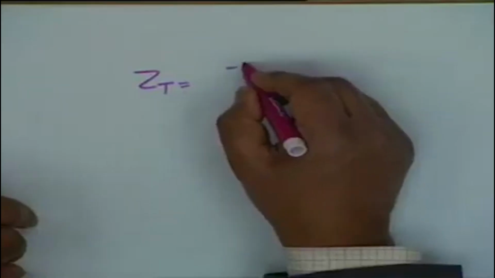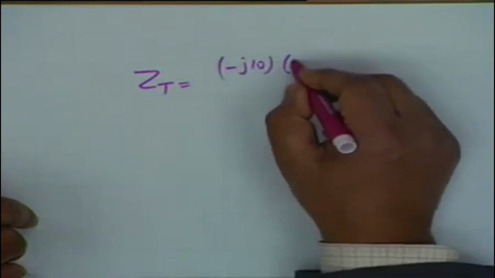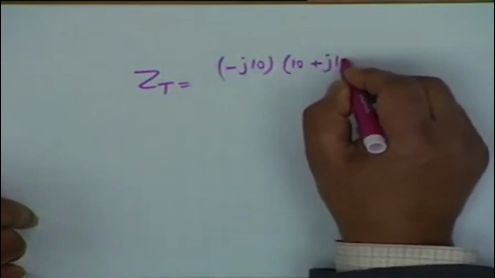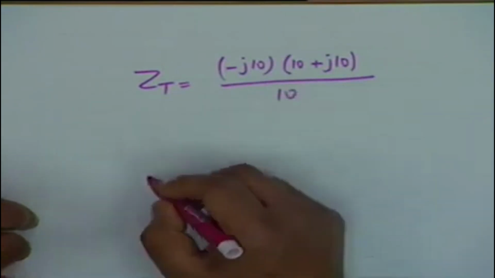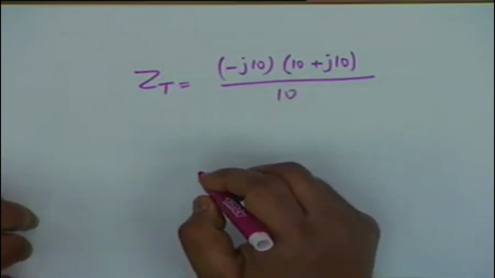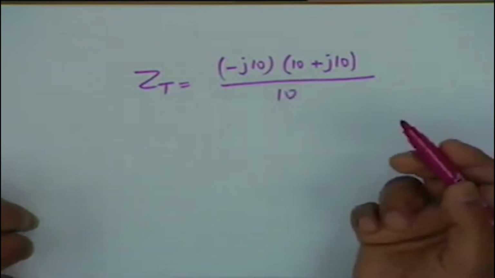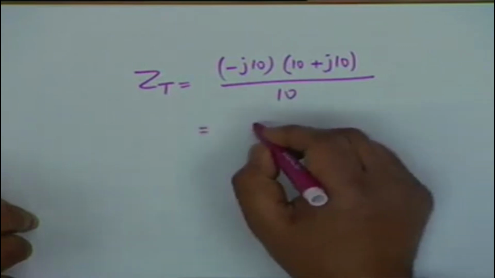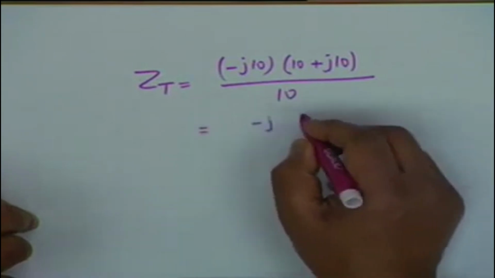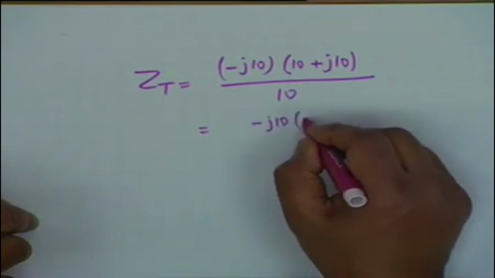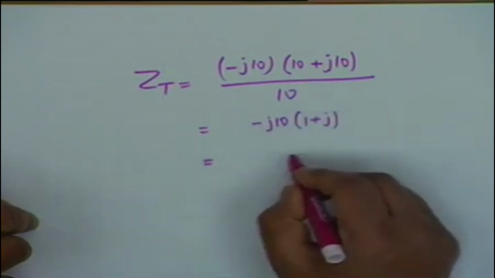Obviously your ZT is minus J10 multiplied by 10 plus J10 divided by 10 plus J10 minus J10, they cancel each other. So you get minus J10 times 1 plus J, which is equal to 10 minus 10J.